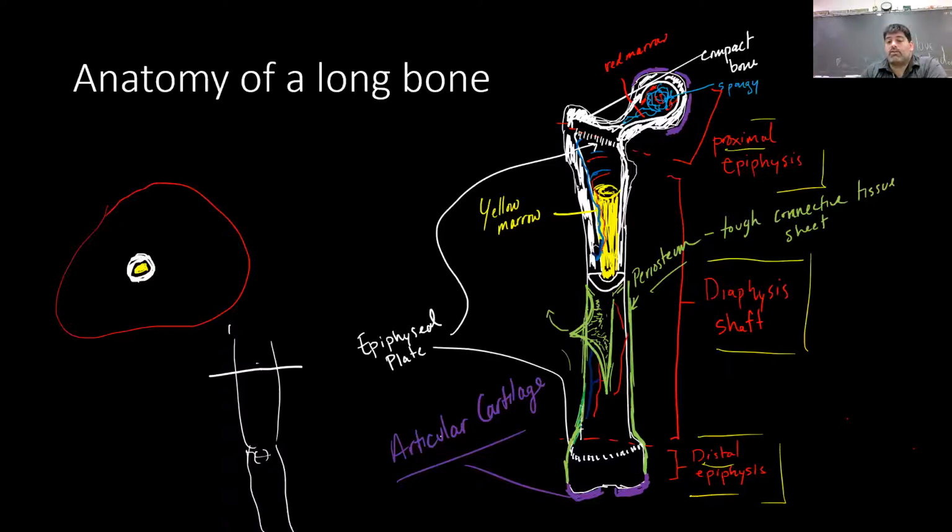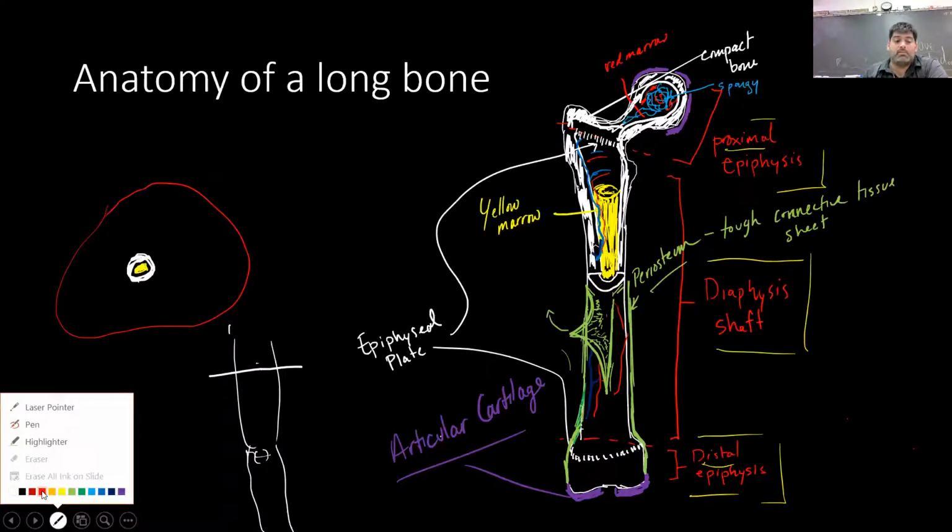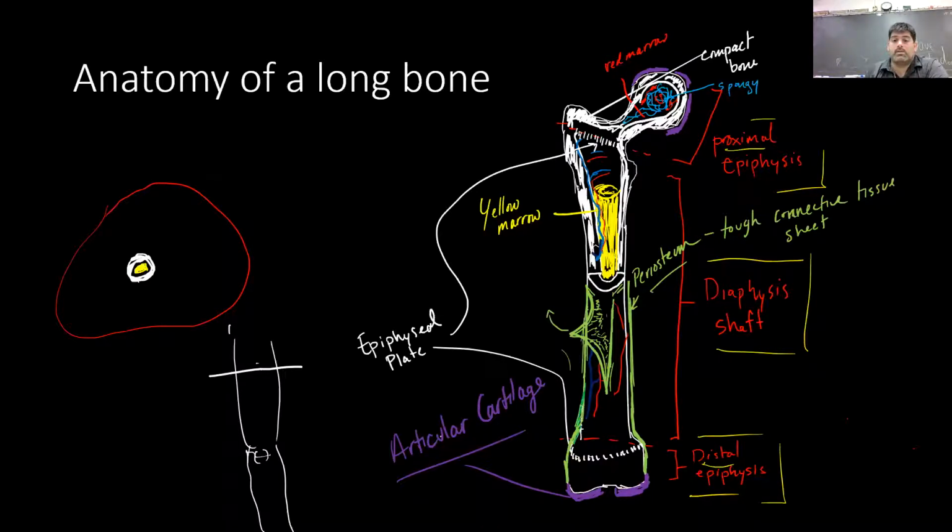The central cavity, or the space in here, I will add some notes to that. We call this the central canal. And it's going to be full of yellow marrow, right? And that's that fatty marrow we talked about. One of the things bones store is energy in fatty marrow.